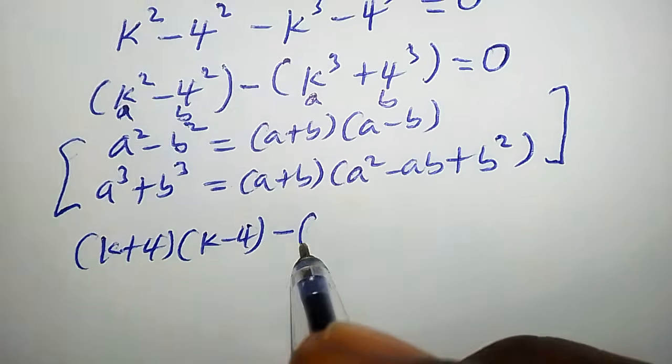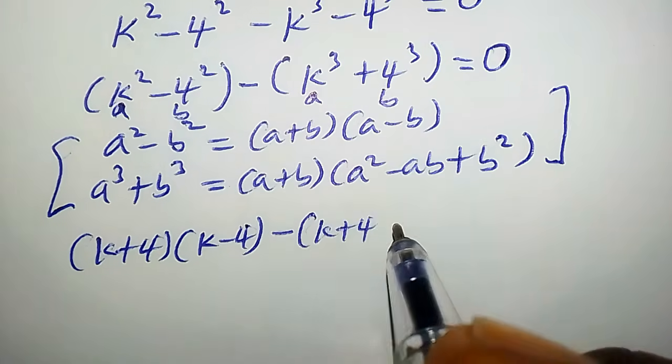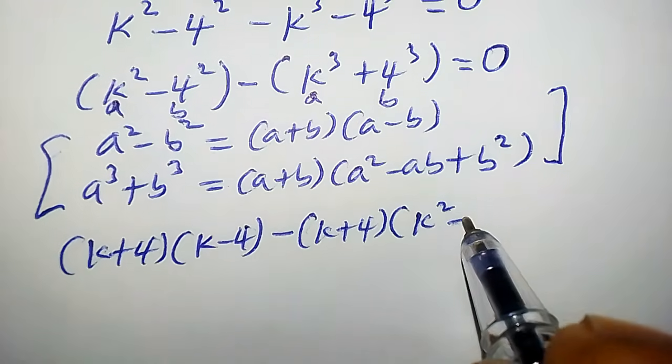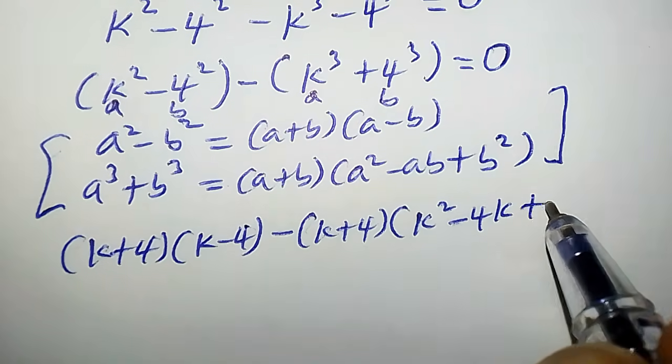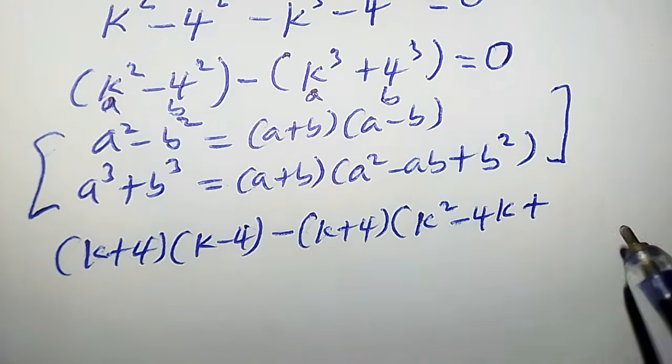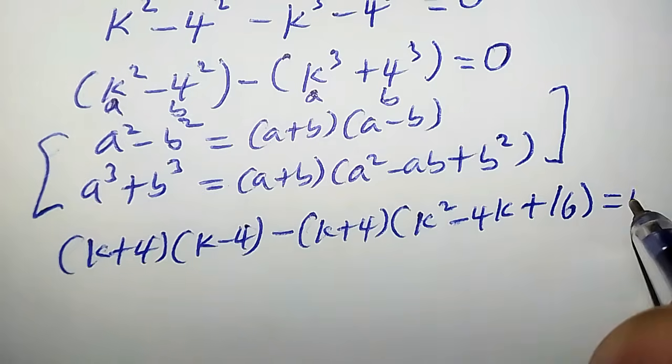So that gives k plus 4 into k square minus 4k plus b. What is b? b is 4. So 4 square, we have 16 equal to 0.